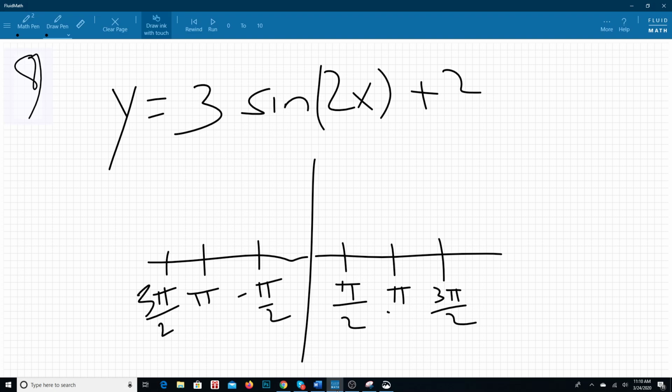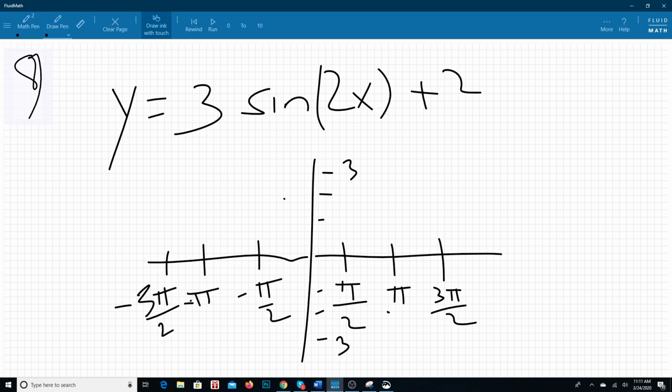So now I'm just going to seek to graph this, right? I should have drawn amplitudes. Now this is going to be a sine curve. I essentially need 2 from 0 to 2 pi, which is essentially negative pi to pi.